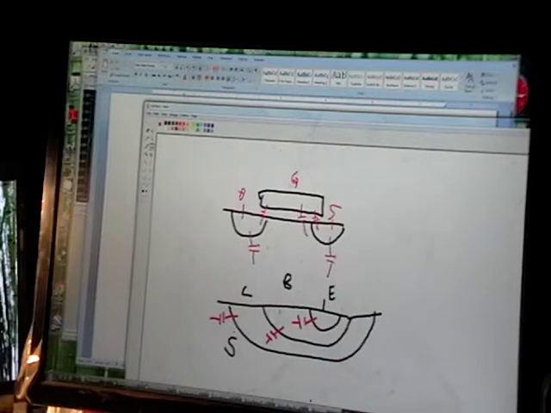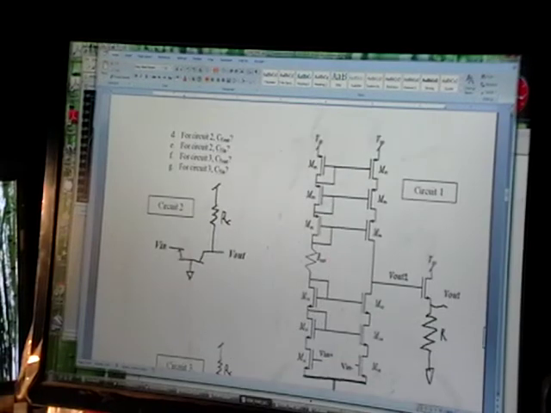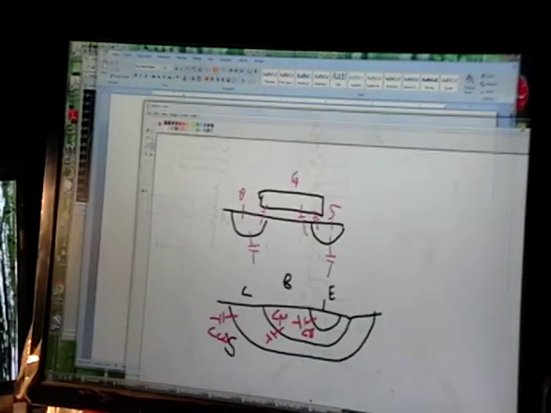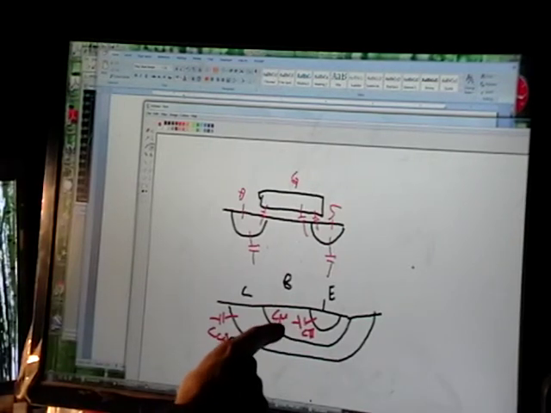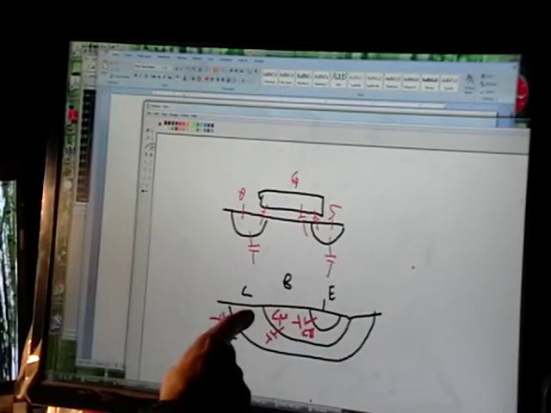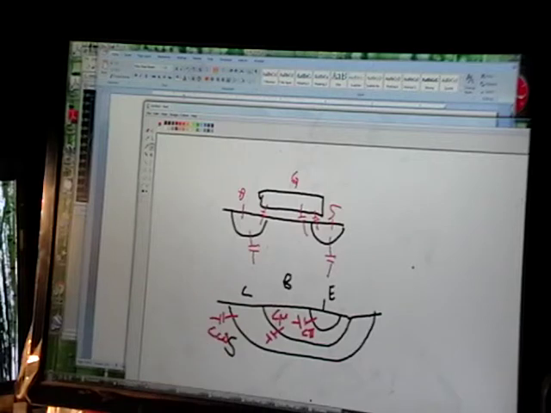So this is C mu, and this is C pi, and that's just CCS. So if I'm sitting on the collector, I see C mu and CCS.